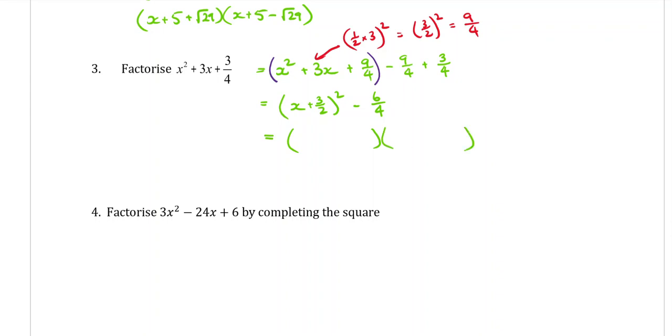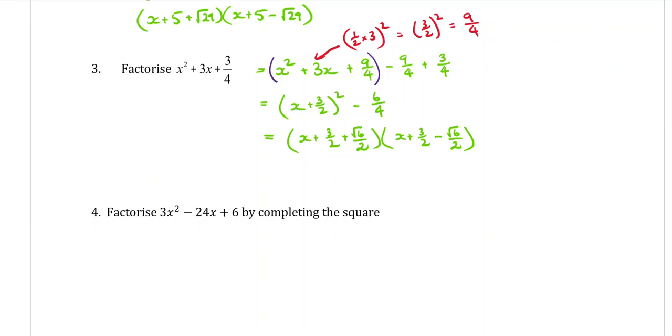Big brackets, in the beginning of each bracket, we're going to have x plus 3 over 2. And then we have to square root 6 over 4. Square root of 6 has to be written in surd form, but the square root of 4 is 2. So that makes a nice number on the bottom, which is why I left it like that. Square root of 6 over 2. One bracket needs a plus, one bracket needs a minus.